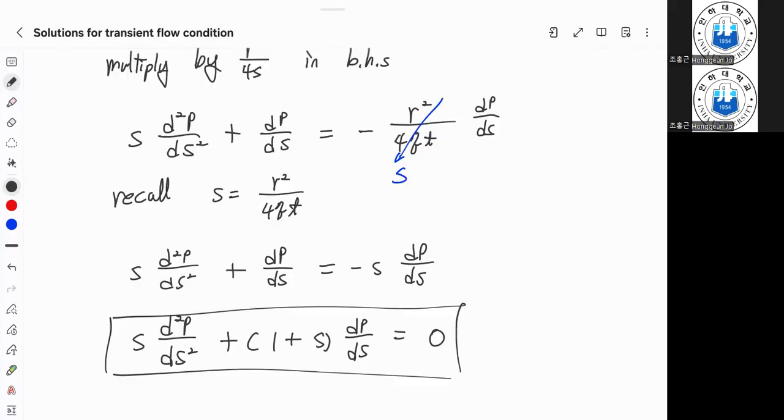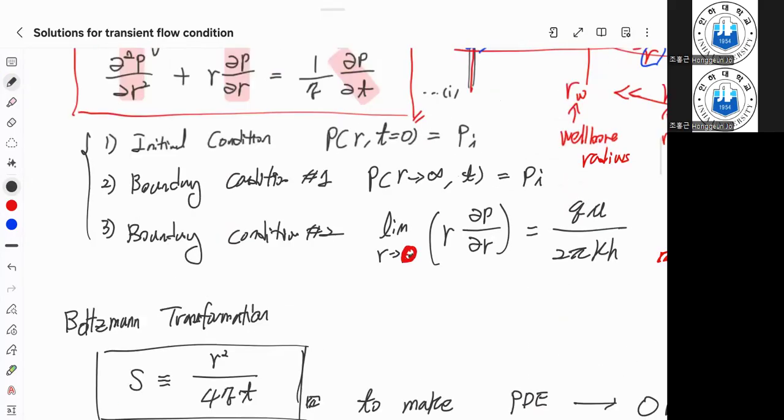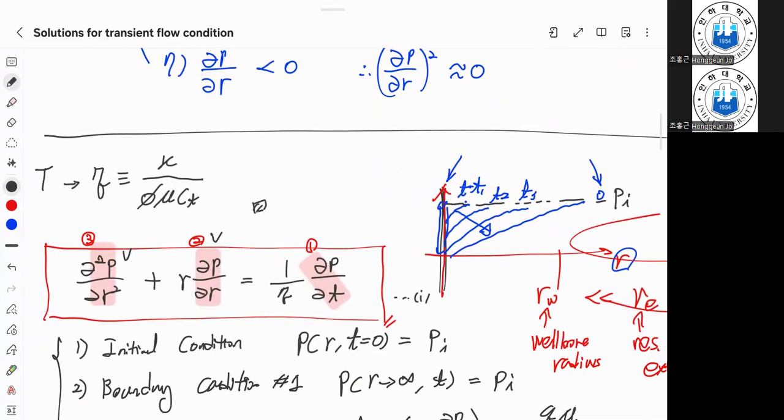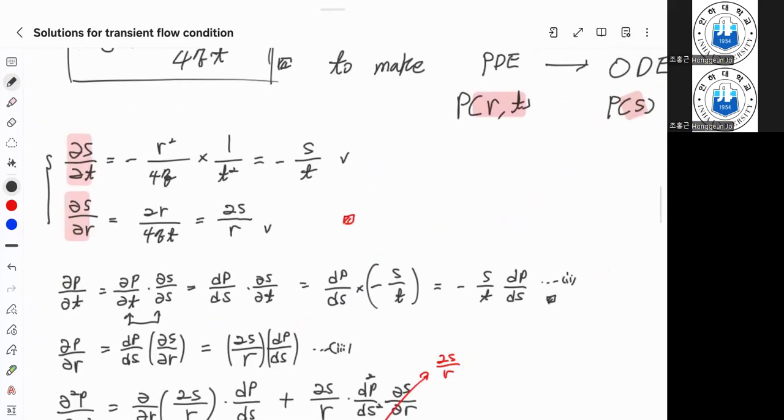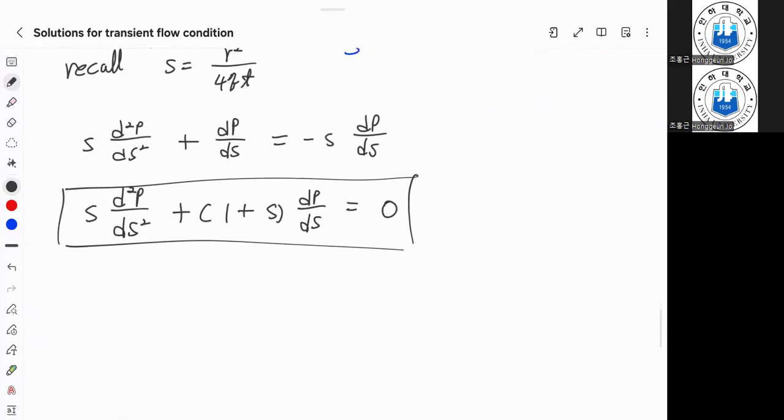Wonderfully, we just converted the PDE, which is challenging, into an ODE. Now P is only a function of s, and it looks very simple. So we successfully turned it into an ODE, and this is a second order ODE, so we have to take the integral twice to get the final solution.